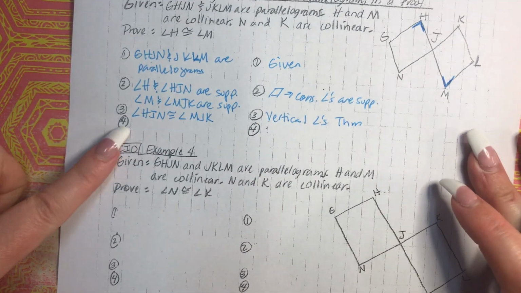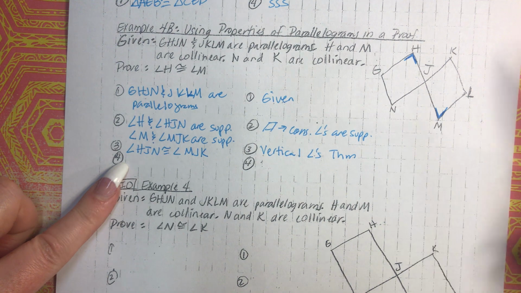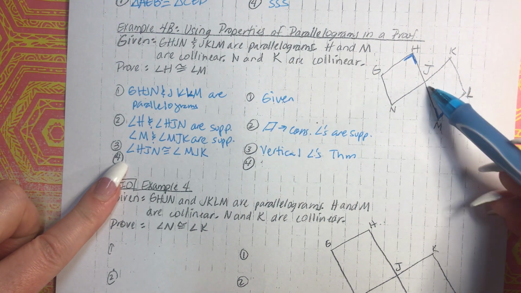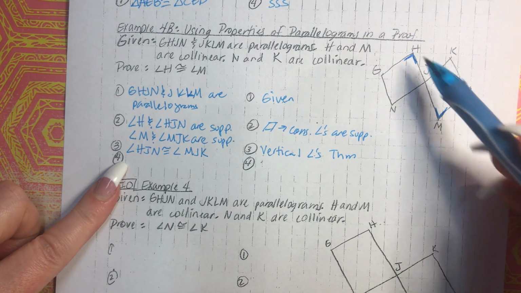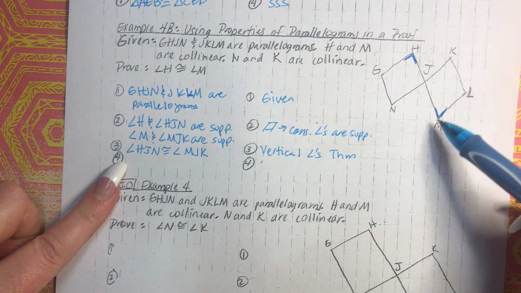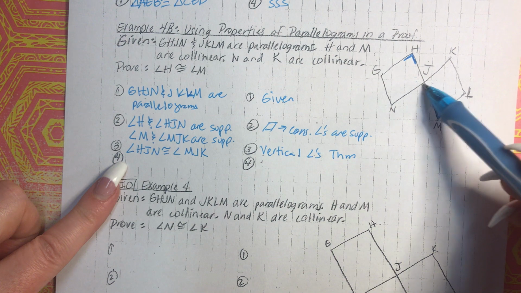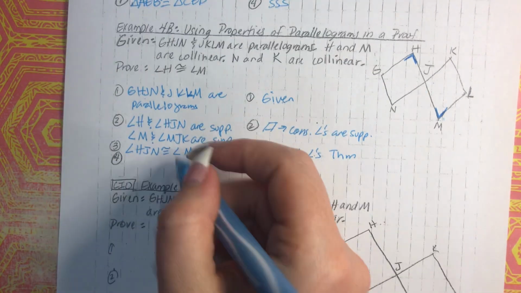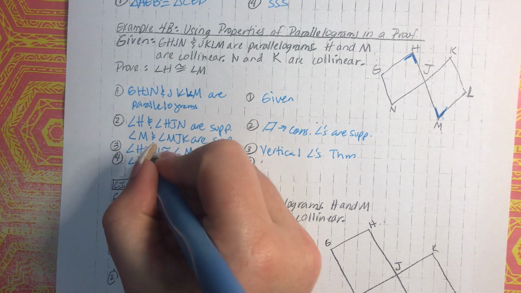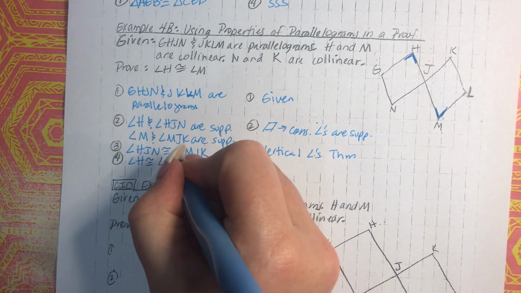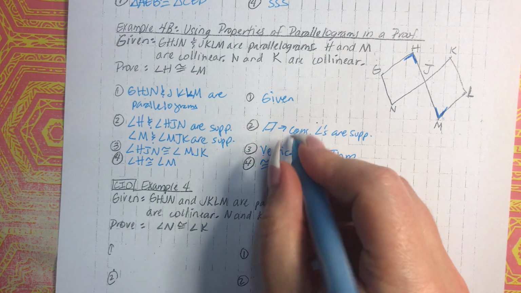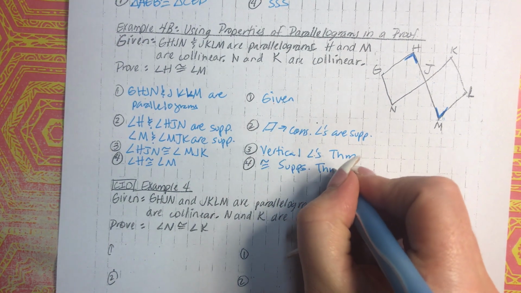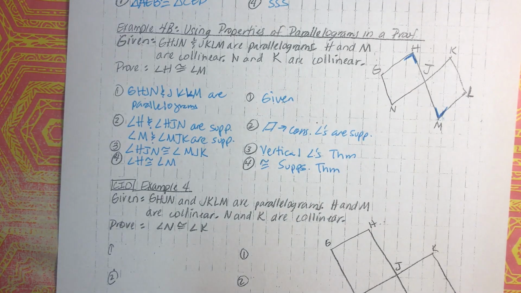And then because these are both supplementary to the same angle, which is congruent to itself, then these must be congruent to each other. So we know that angle H is congruent to angle M by the congruent supplements theorem. Woohoo!